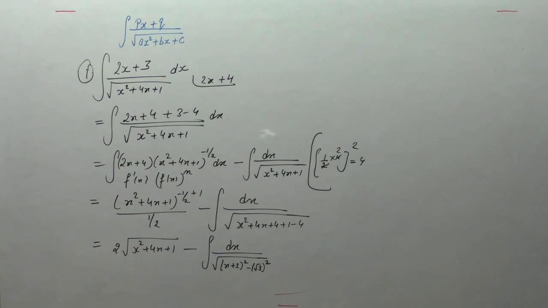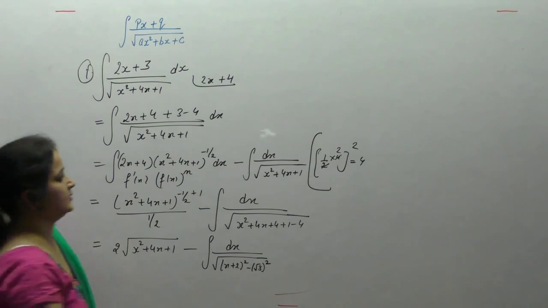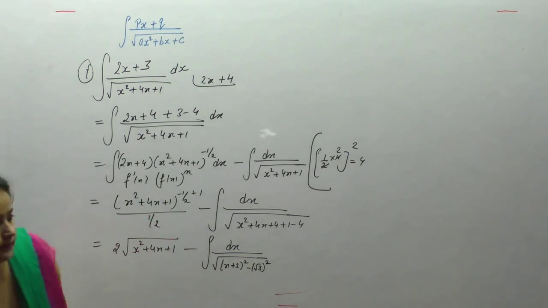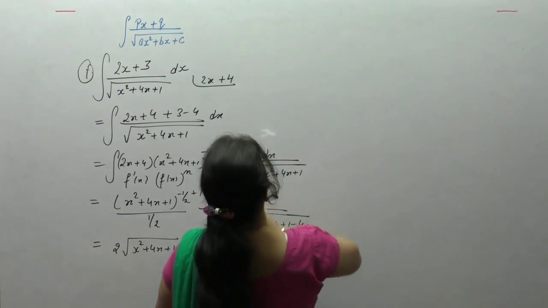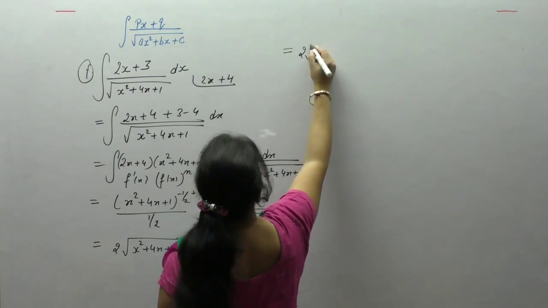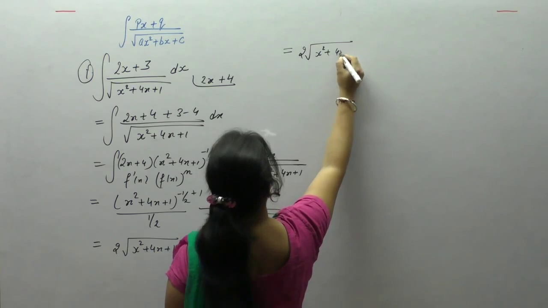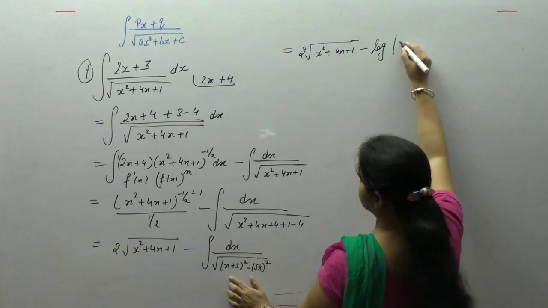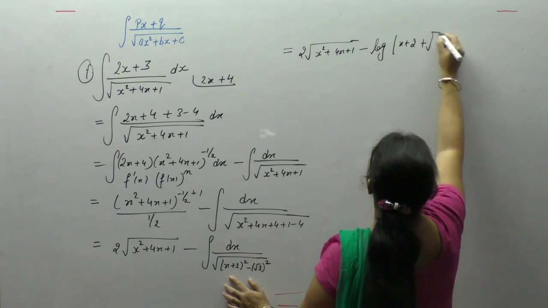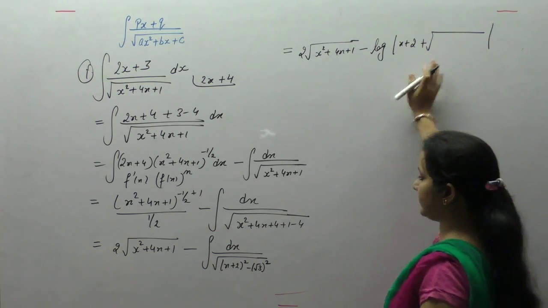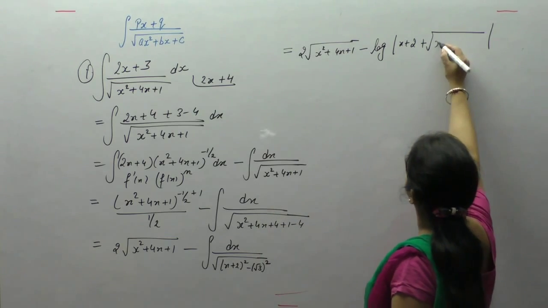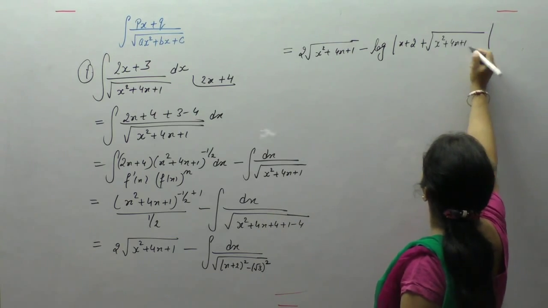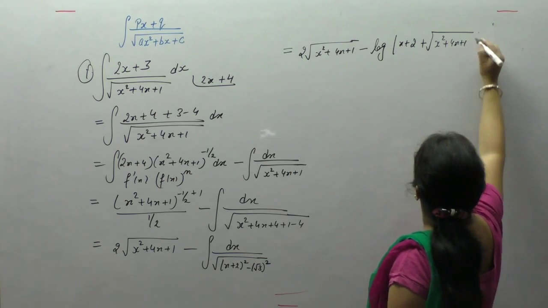The formula is integral of 1 upon square root of x square minus a square, log of x plus square root of x square minus a square. So we get 2 into square root of x square plus 4x plus 1 minus log of x plus 2 plus square root of x square plus 4x plus 1, plus c.